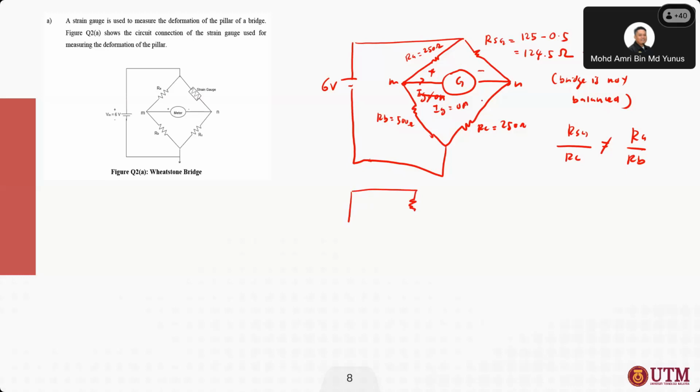Assuming no current can flow through the galvanometer, we can still see the value using a digital multimeter.